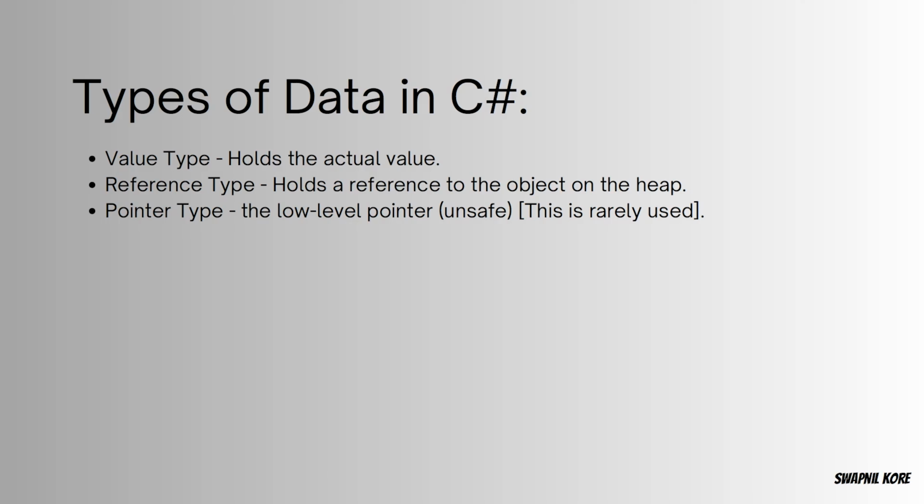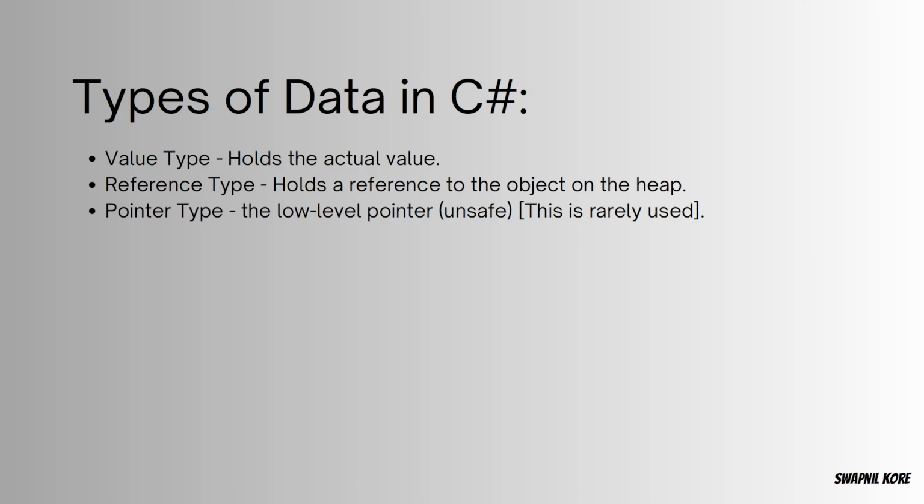Value type variables are stored in the stack, and reference types are stored in the heap. That's why a reference type refers to the object which is stored in the heap. And then moving on to pointer type, this one we rarely use, but it is nothing but a low level pointer which we use in an unsafe environment.